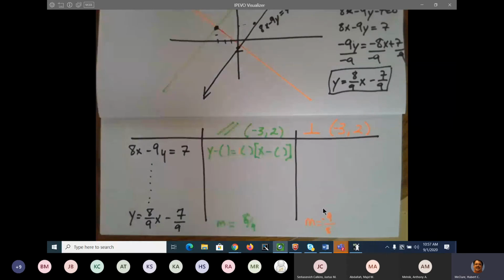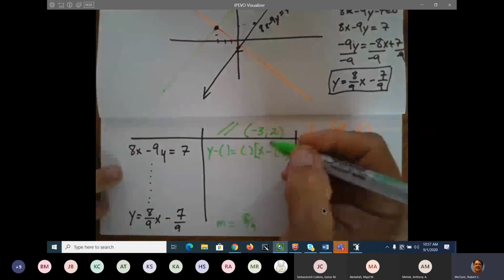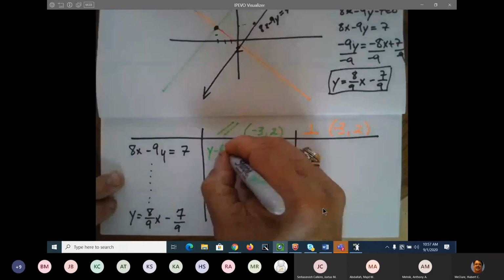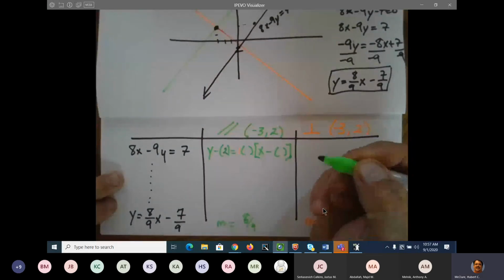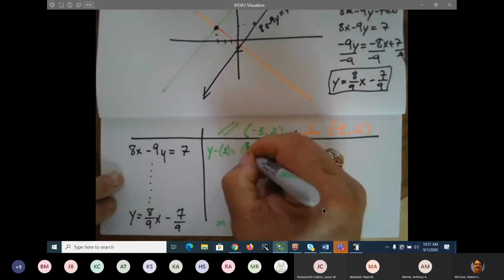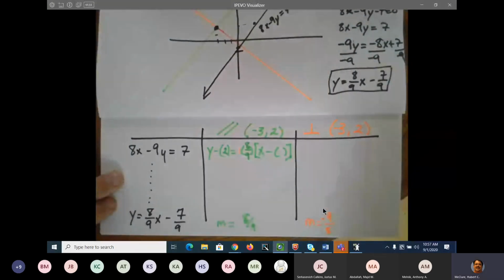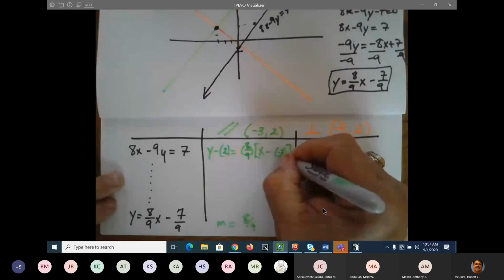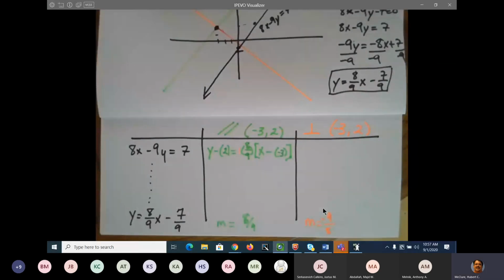All right, so y minus, and we're going to put a 2 right here, and an 8/9 right here, and a -3 right here. And now we're going to solve.